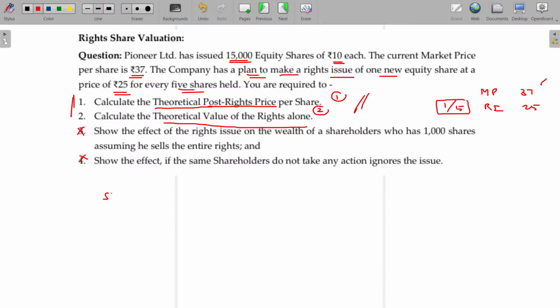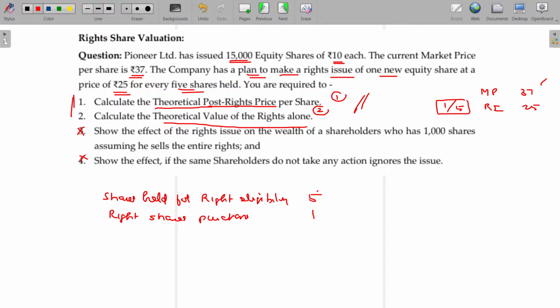Now, shares held for right eligibility. How many shares you have to hold? 5 shares held. And right shares purchased. So if you hold 5 shares, how many right shares will you be able to purchase? 1 share.